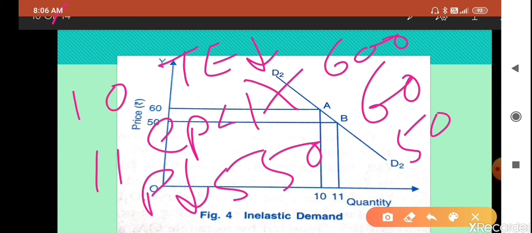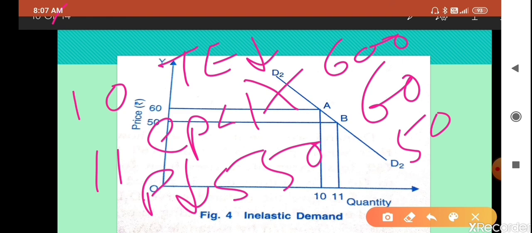So inelastic means less than 1, elastic means more than 1. That concept must be clear to you. So once again I am making it clear that if the price of a commodity falls and due to that fall in price expenditure also falls, in that case EP is less than 1 or EP is inelastic, and it is just the opposite of the elastic case.